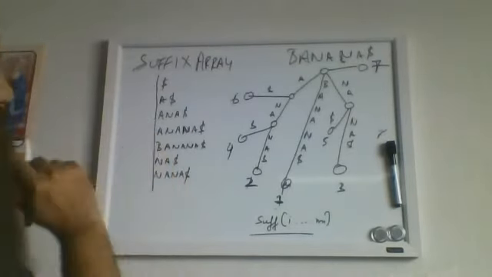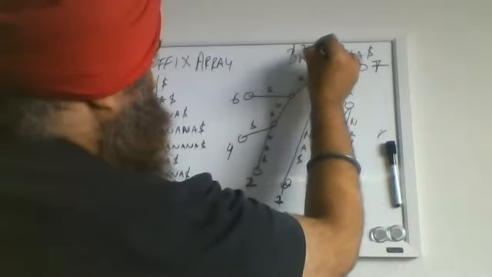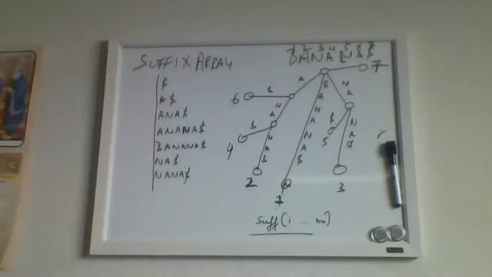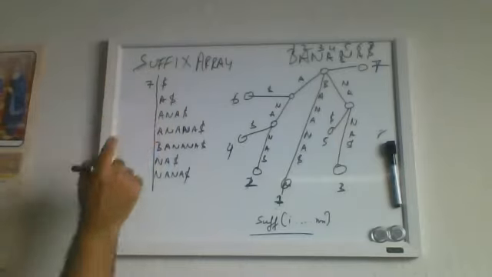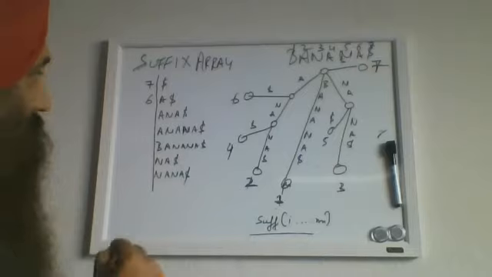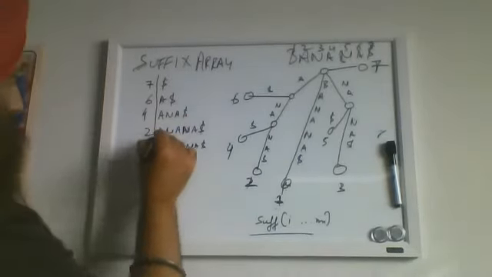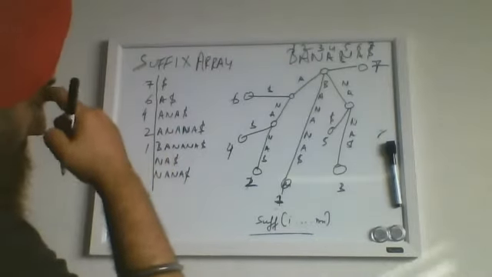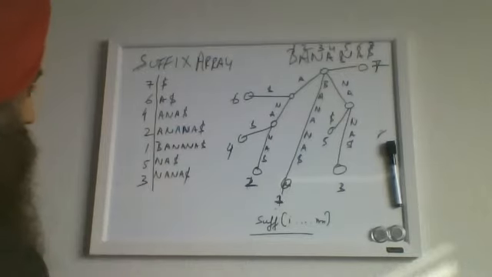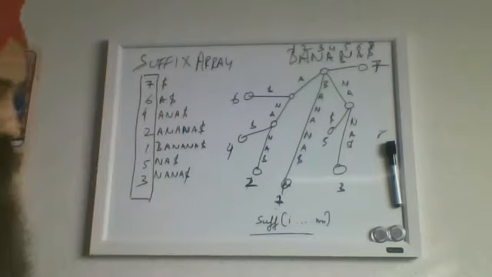Now, if you list the numbers which represent the starting point of each suffix, numbering the letters 1, 2, 3, 4, 5, 6, 7, then you see this is at 7, a dollar is at 6, a n a is at 4, then 2, 1, n a is at 5, and n a n a is at 3. This number representation is nothing but the suffix array.